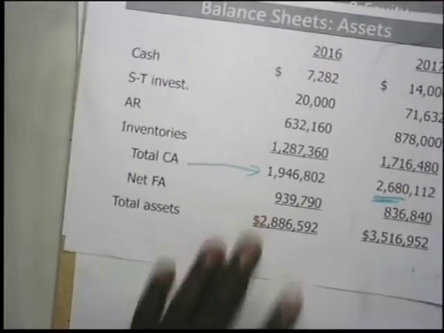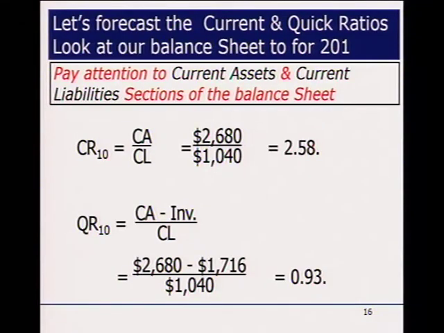Let's do that and see what we come up with. If you look, we've said it's 2,680 minus 1,762.